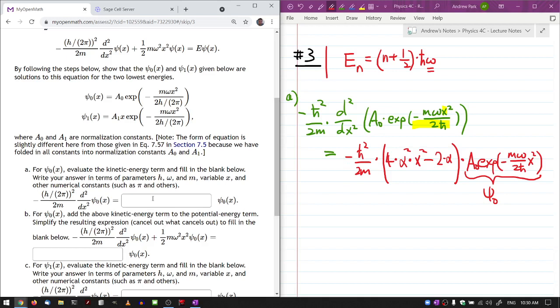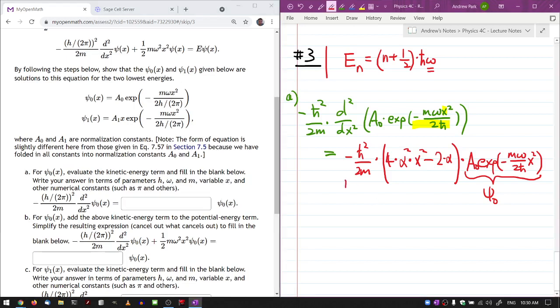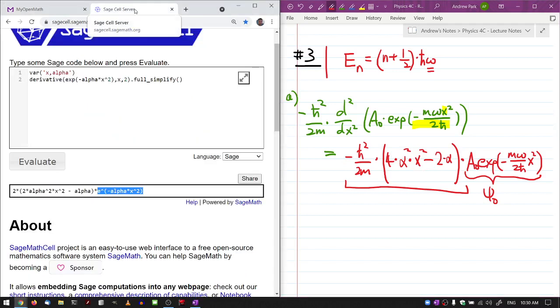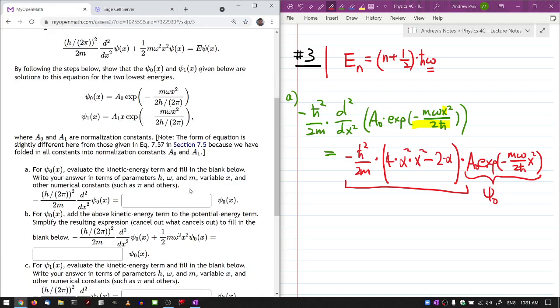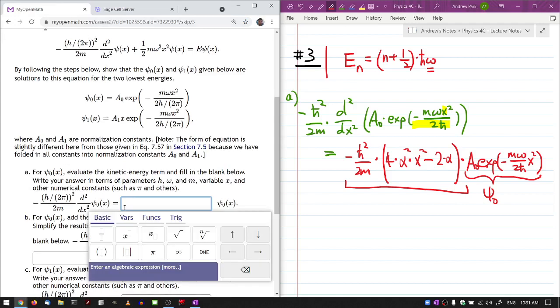There's really not much more I can do. Maybe I could distribute this in, but no, it's going to be a whole lot of a hassle, so I will just write it out.